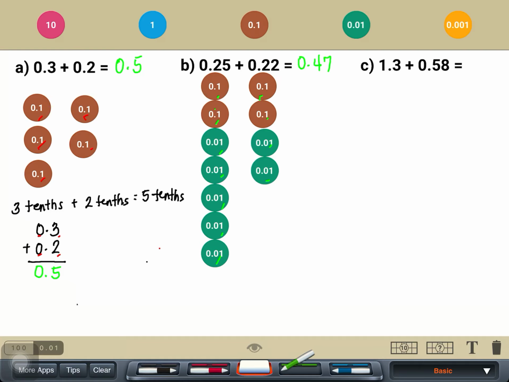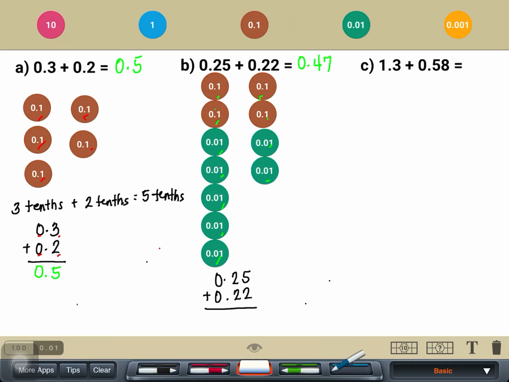Okay. Now, if I will be writing it in arithmetic, just like what I said earlier, be careful on placing the numbers. Okay, the place values should always be aligned.